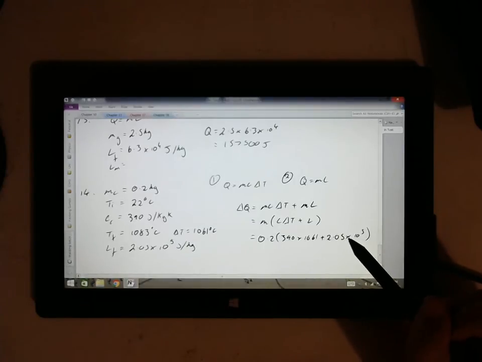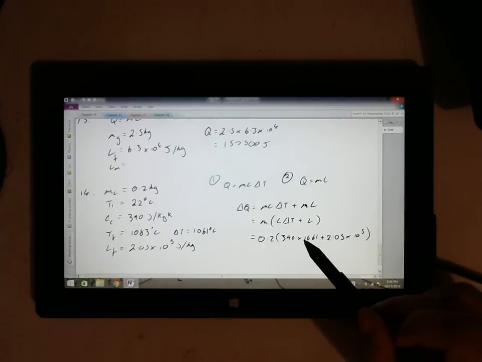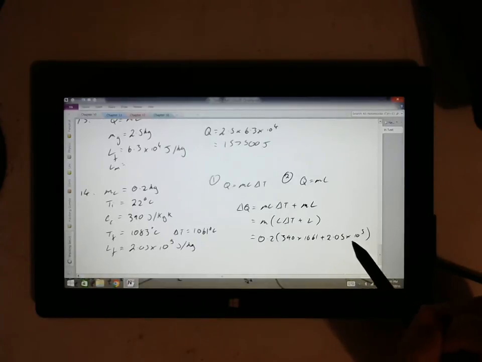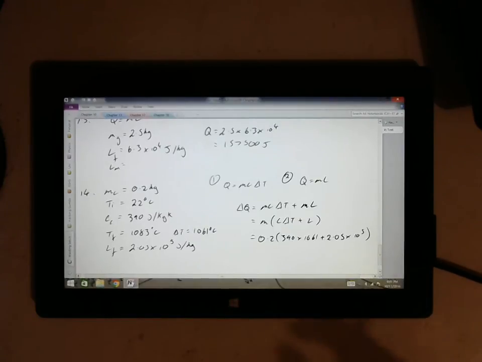That's almost as much energy as it took to melt. It means twice as much energy as it took just to melt it, not to raise its temperature, but just to melt it. So we can see that unless we're doing a massive temperature change, with these sort of phase transitions, a lot of the energy comes from this latent heat of fusion or latent heat of vaporization. So just keep that in mind as you're going through.